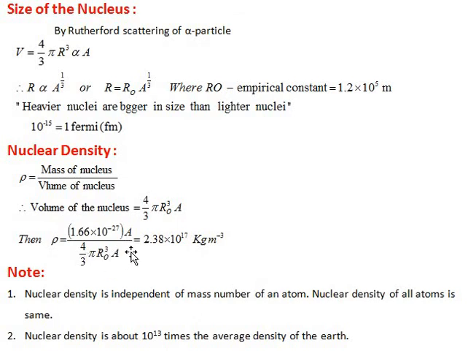If you substitute the constants, you will get 2.38 into 10 raised to 17 kg per meter cube. In 1 meter cube, how much mass is included? That is 2.38 into 10 raised to 17, dear students.